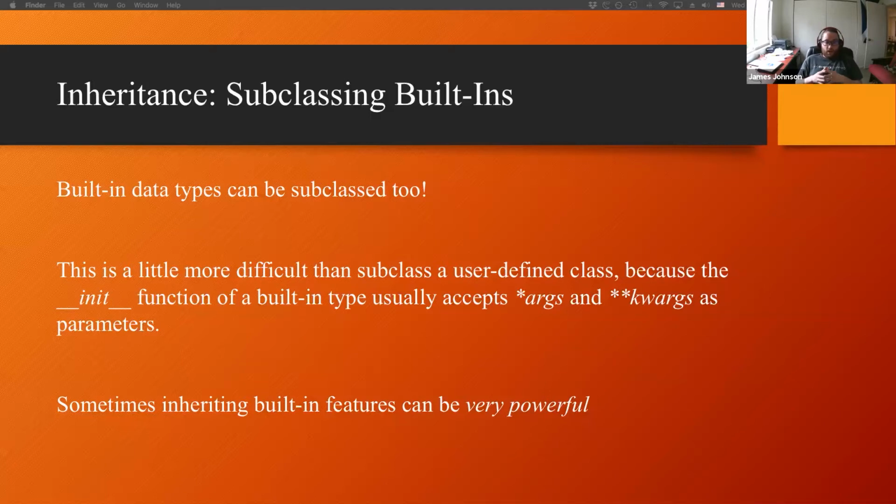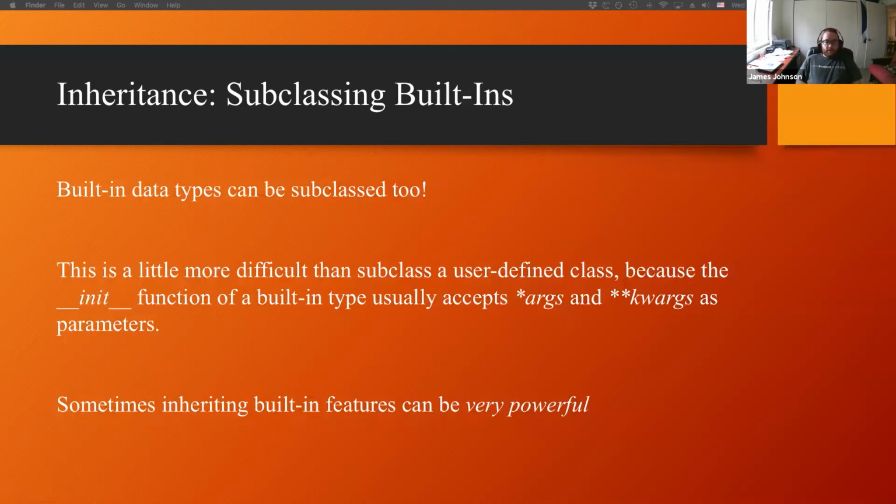Because they are objects, you can subclass them as well. You can subclass integer, you can subclass float, you can subclass dictionary, you can subclass list. These are all subclassable things. Everything is subclassable in Python because everything is an object.